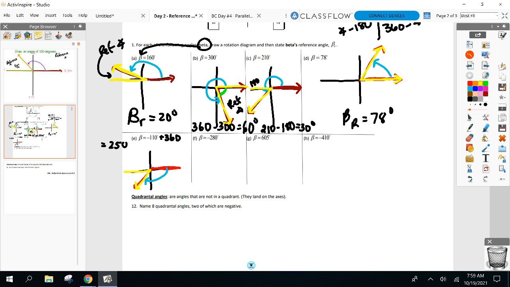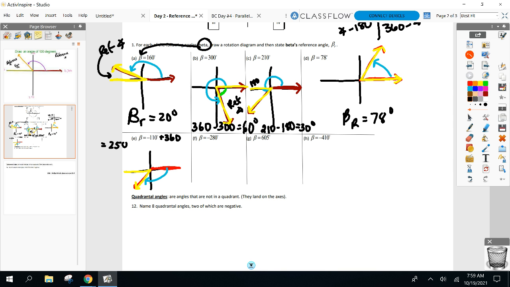Now look, I can use 250 now to calculate the reference angle because the reference angle is always positive. So if you want to use 250 to calculate it, go ahead. How can I find that reference angle?